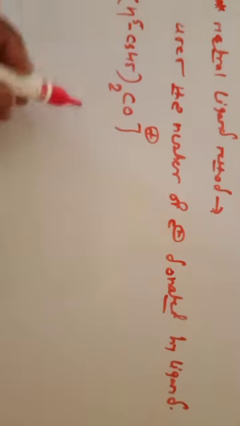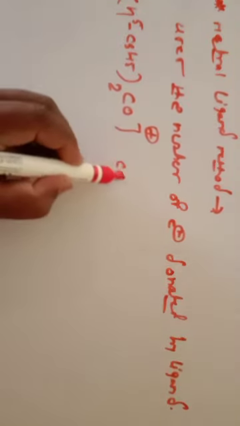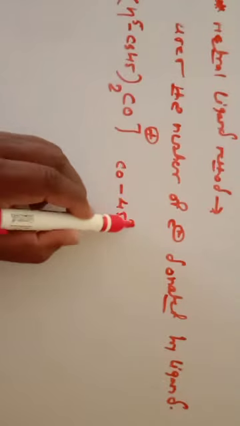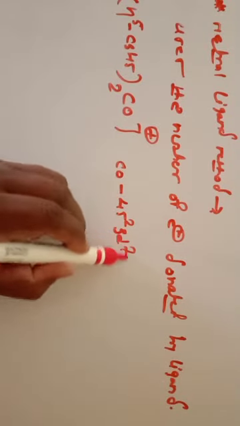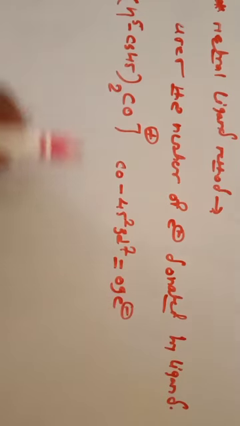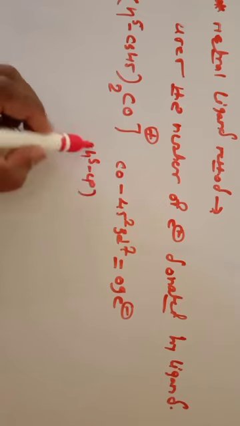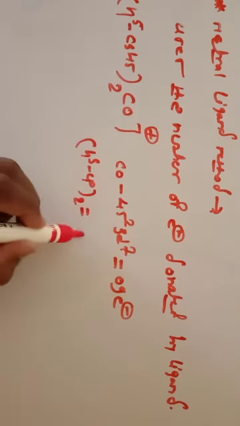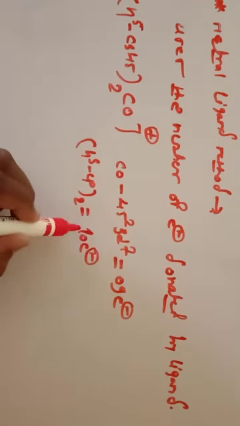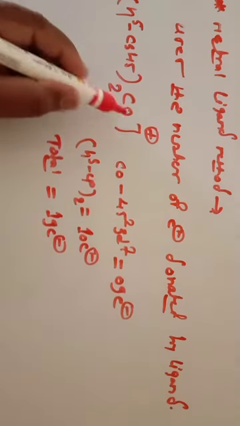Again, if you count the electrons, this cobalt we know is 4s2 3d7. So it contributes a total of 9 electrons, and we know that the eta 5 Cp twice contributes 10 electrons. So total it becomes 19 electrons, but the complex has +1 charge.